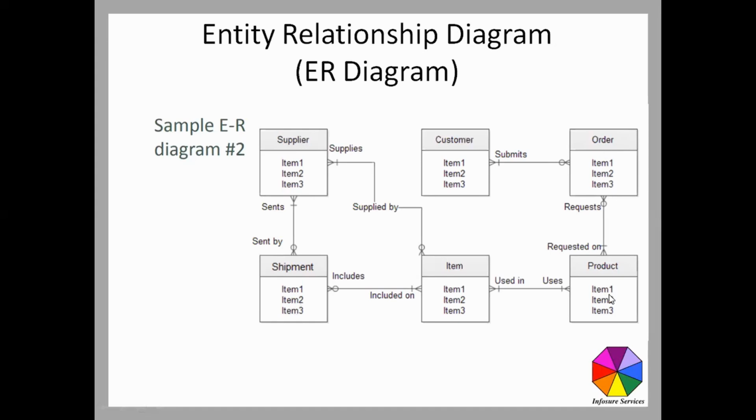One order can have many products. One product can have many items, or one item can be used in many products. Okay, so you see this crow's foot, like the arrow going like that.